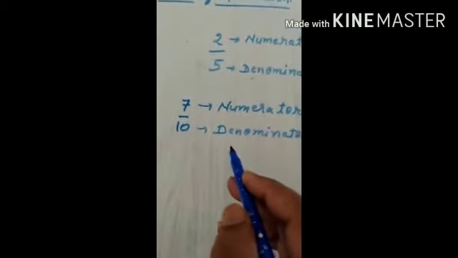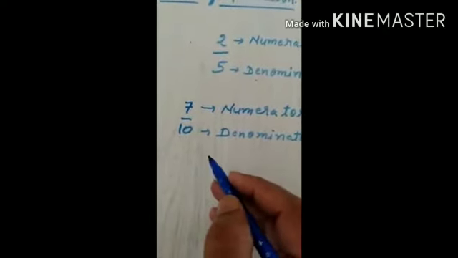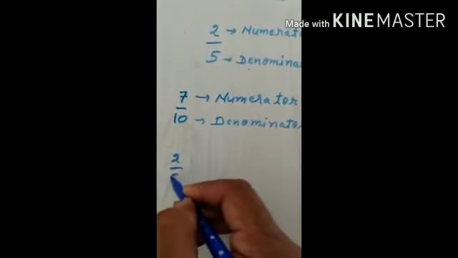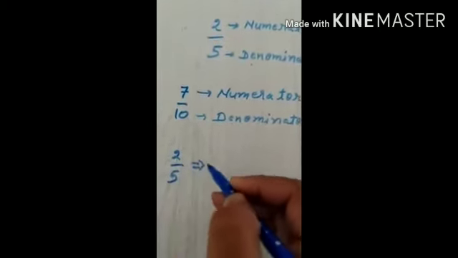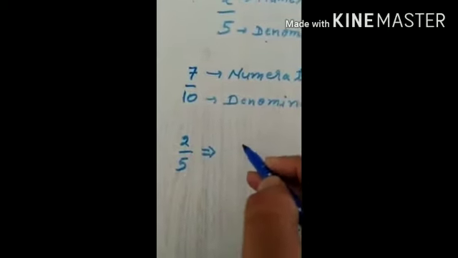Now how can we write the fractional number of any fraction? For example, 2 by 5. So the fractional number of 2 by 5 is 2/5.